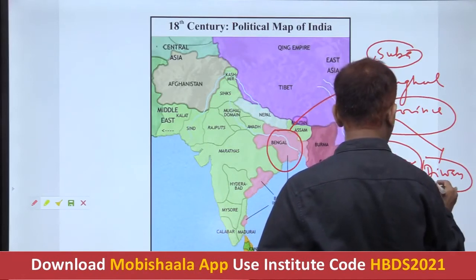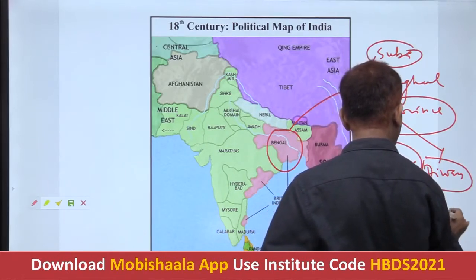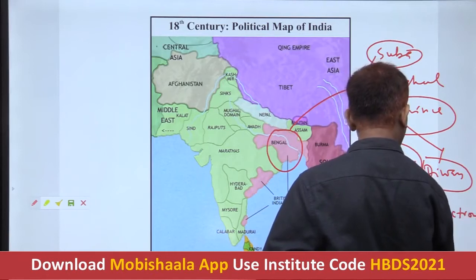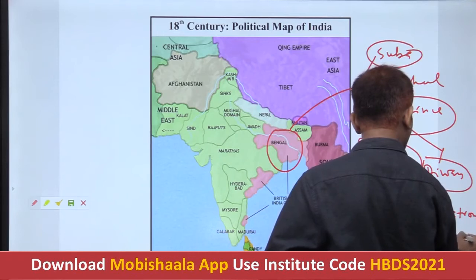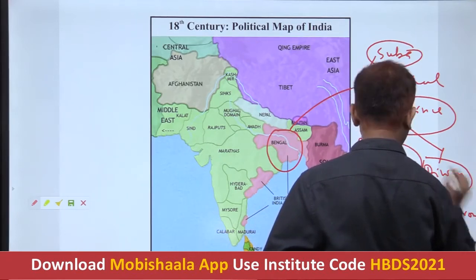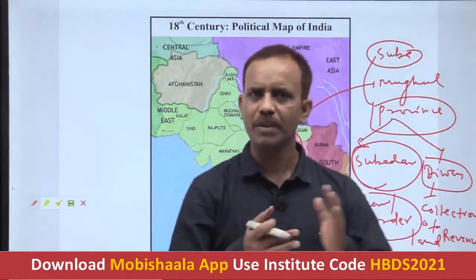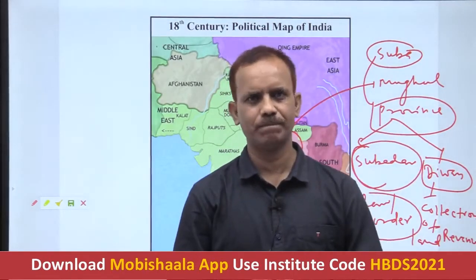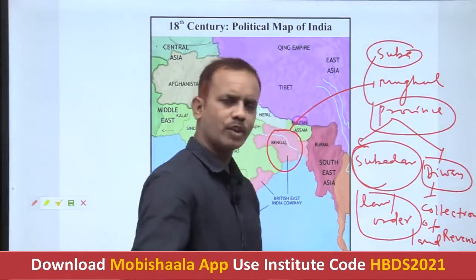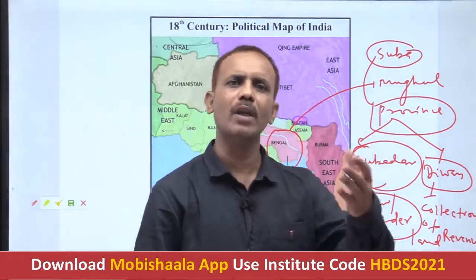And the duty of Diwan was collection of land revenue from his province and submit this revenue to the center. It was the method of administration during the Mughal Empire. And both officers were collectively responsible towards the Mughal emperor.